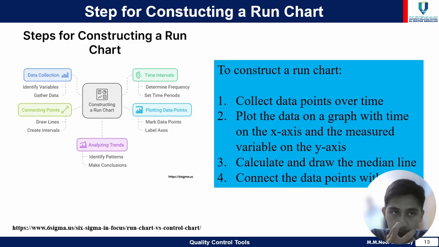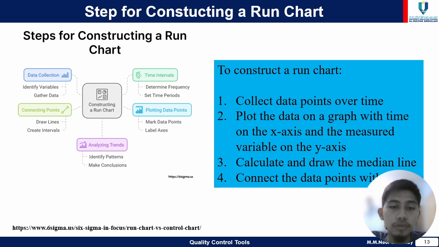Okay, there are steps for constructing a run chart. We can see there are four steps in the diagram: data collection, connecting points, analyzing trends, plotting data points, and time intervals. To construct a run chart, the first thing is we collect the data points over time.